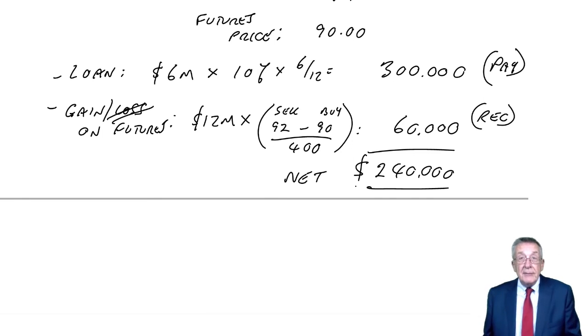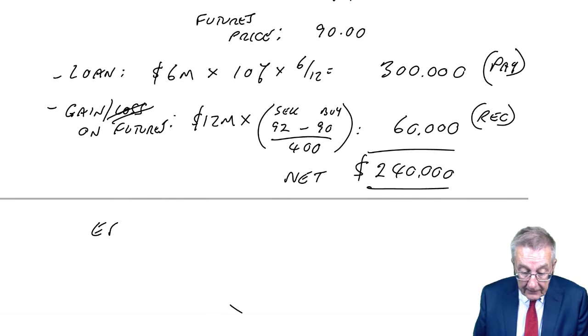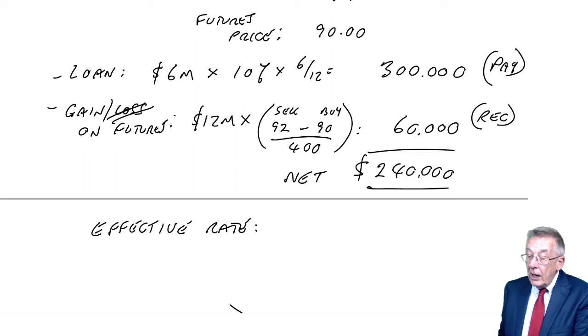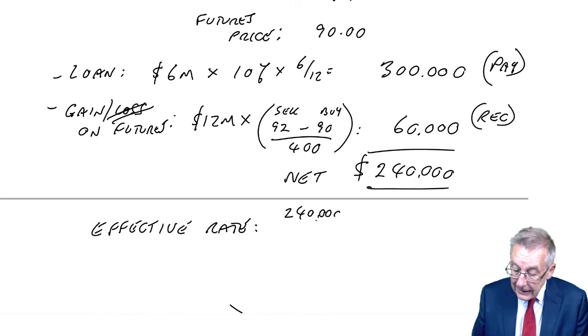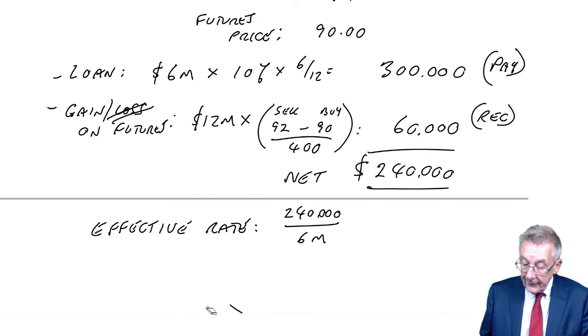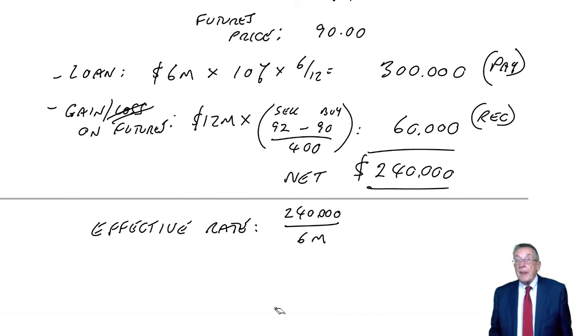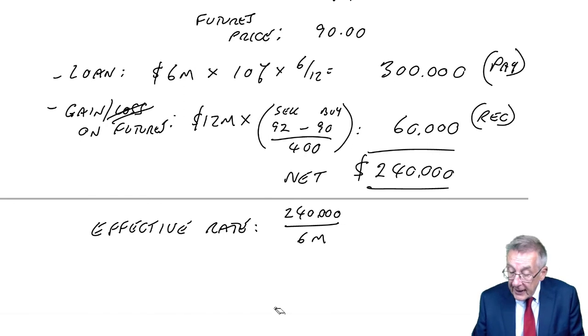But what effective rate have we ended up paying? We've ended up paying a net 240,000 on a loan of 6 million. But that's over a 6-month period.